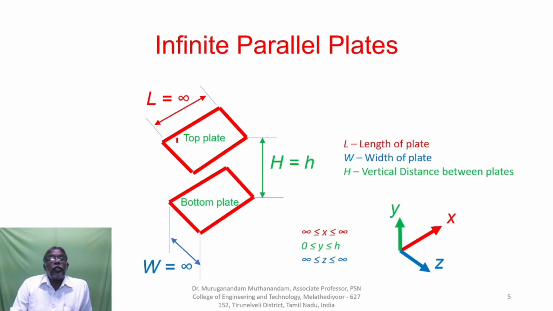Here there are 2 plates, one is the top plate, another one is the bottom plate. Both of them have length equal to infinity and width equal to infinity, and the vertical distance between the 2 plates is equal to small h, where L is the length of the plate, W is the width of the plate, and h is the vertical distance between the plates.